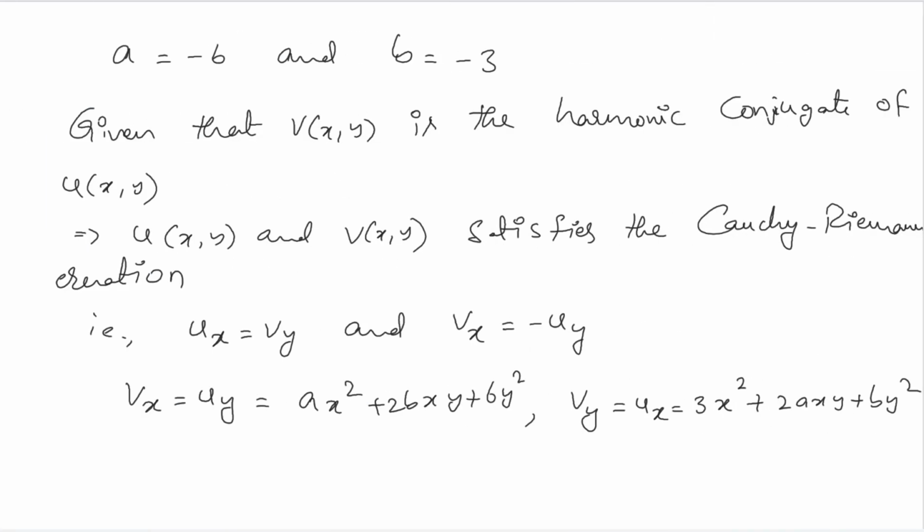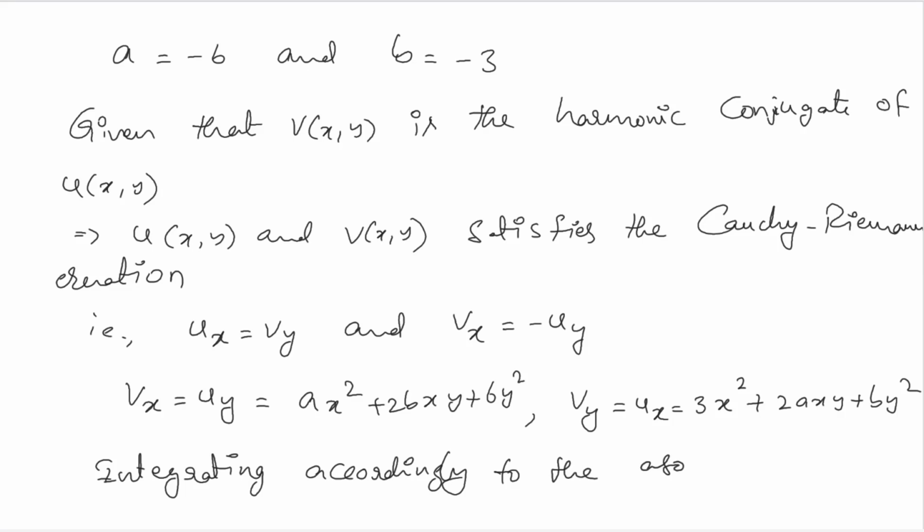Yes. So now from these two equations, by just integrating with respect to x and y accordingly, we get v of x comma y.